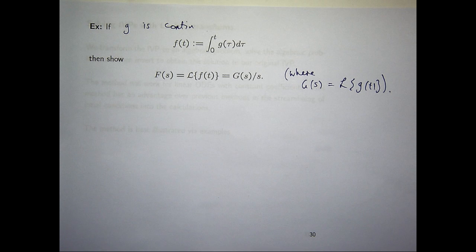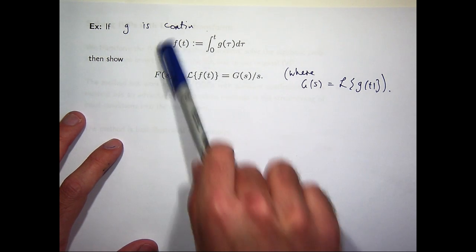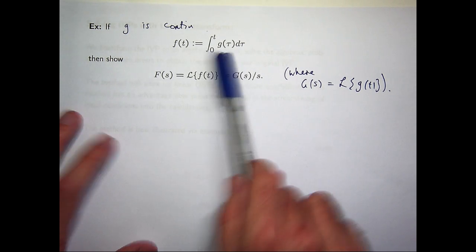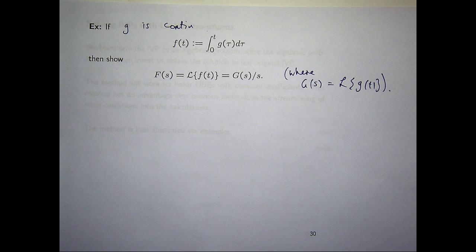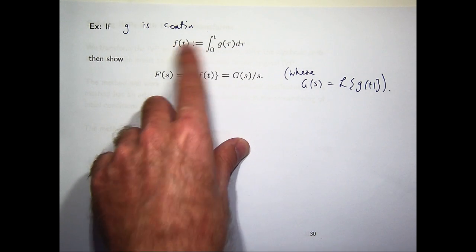So how do we do it? Well, instead of taking the transform of this, let's actually differentiate it and take the transform. We know by the fundamental theorem of calculus, since g is continuous, I can differentiate this.